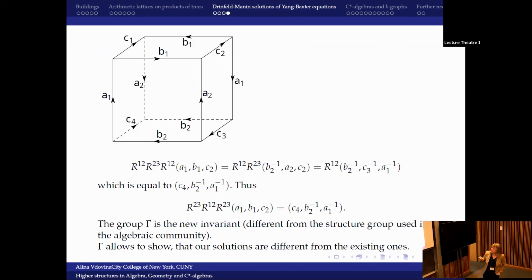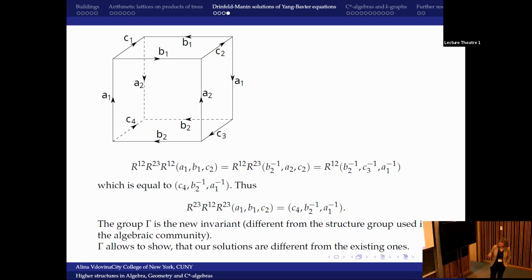This is not just Yang-Baxter in a way, but an illustration of how this compatibility condition works on the level of cubes. I think someone already mentioned that you look at the path going from one vertex of the cube to another, and then you apply all those operators and the rule by which we construct it.